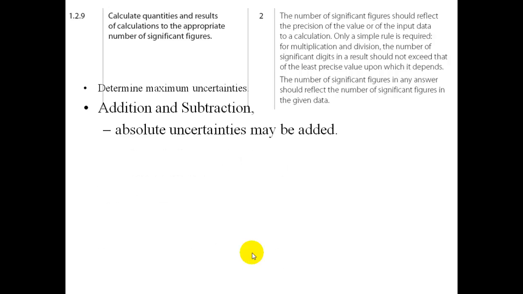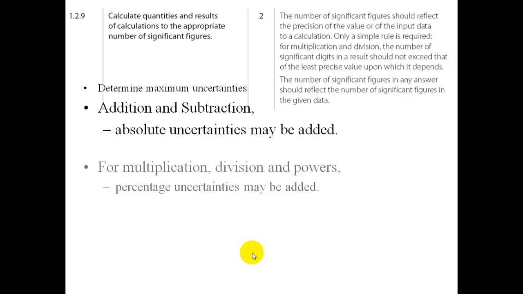Now, to determine what these maximum uncertainties are going to be, first of all, let's look at addition and subtraction of uncertainties. The rule is absolute uncertainties may be added. For multiplication, for division, and for looking at powers, percentage uncertainties may be added.